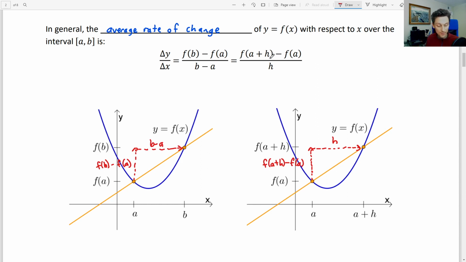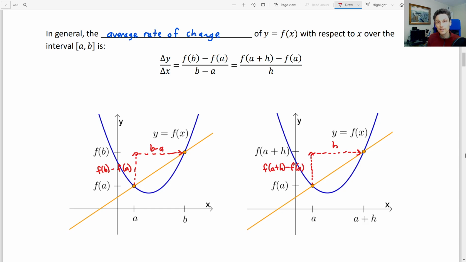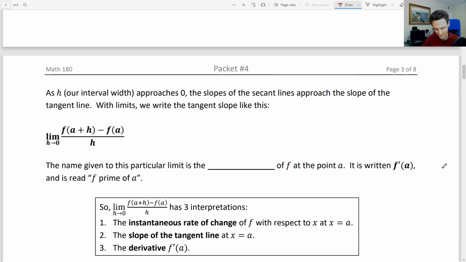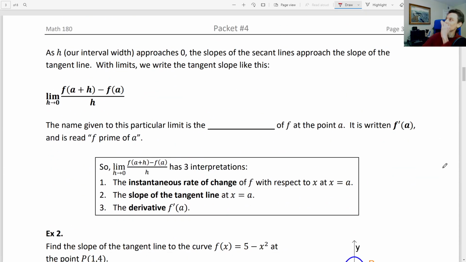These are sometimes called the difference quotient, because you have a difference on the top and the bottom, and then the quotient being the division, the fraction bar. Let's now bring in the limit.